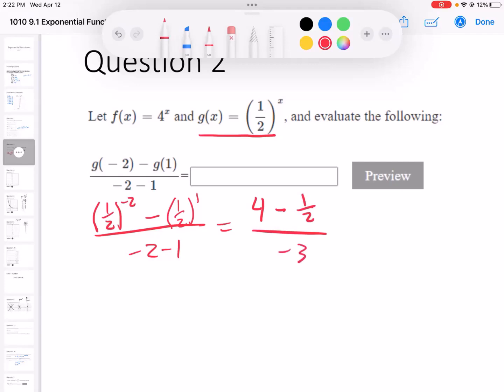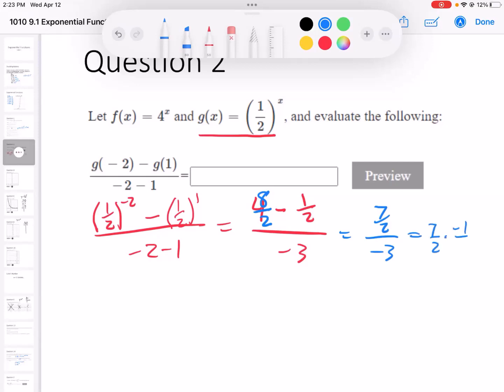Then you just go through and simplify this and you say, well, 4 minus 1/2, in order to simplify that, I need to have common denominators. So I would write 4 as 8/2, because that's what the number 4 is if you make it have a common denominator of 2. And then that would equal 7/2 divided by -3. And whenever you do a fraction divided by a number, you can think about it as multiplying by the reciprocal.